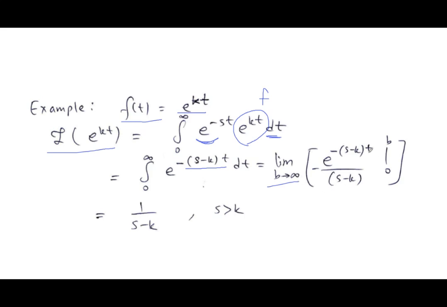But for t equals 0, e to the power 0 will be 1. We have a minus, but then there is another minus. So minus minus, we have plus 1 over s minus k. So the Laplace transform of e to the power kt is 1 over s minus k.